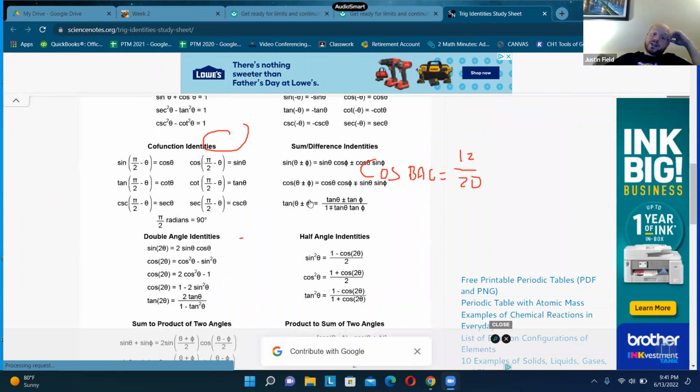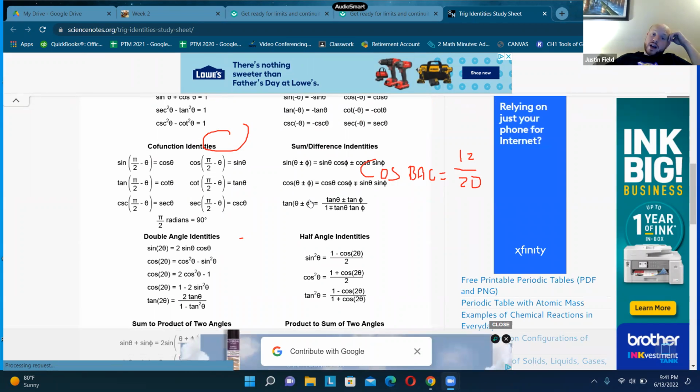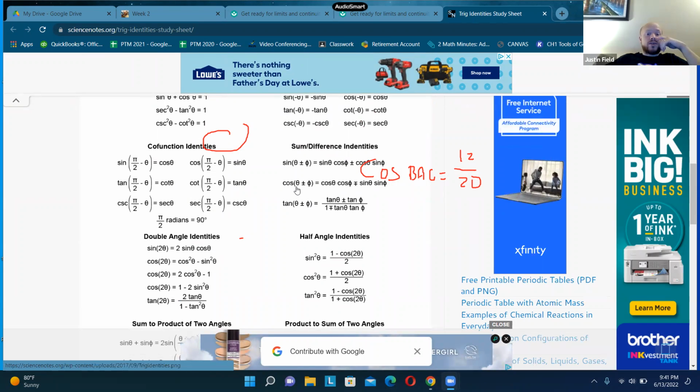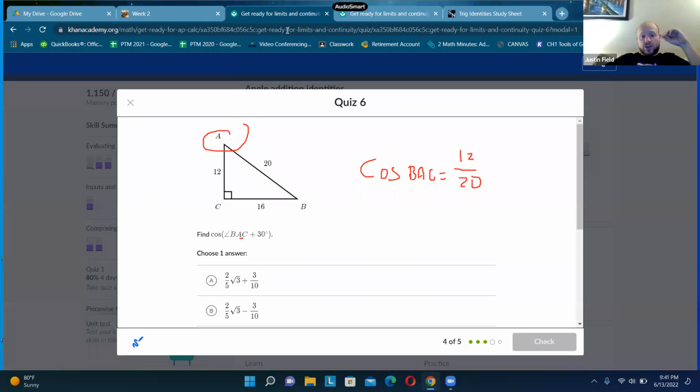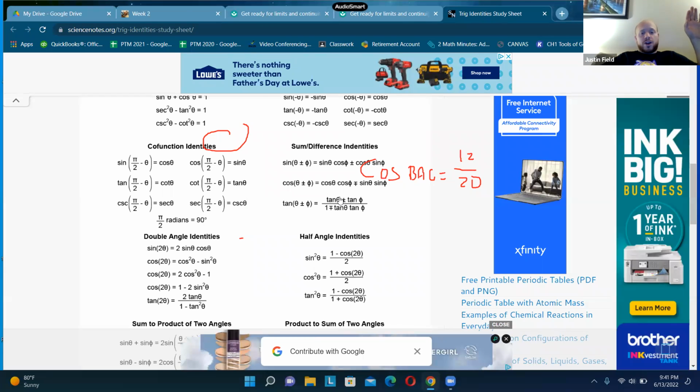So when I saw this one, I said, oh, we got the cosine of that plus that. And now, the novice would say distribute the cosine: cosine angle BAC plus cosine angle 30. But we know better. So we're not going to do that.